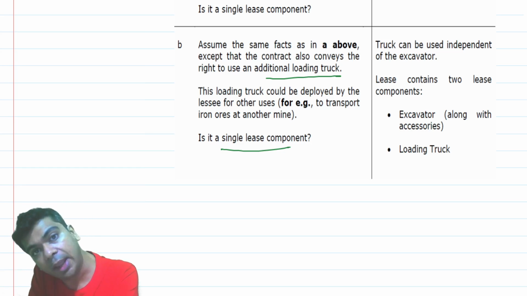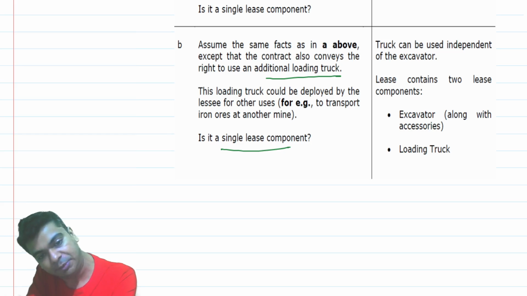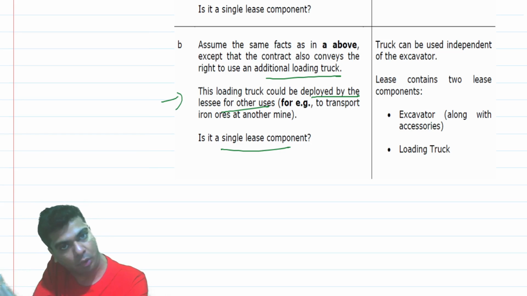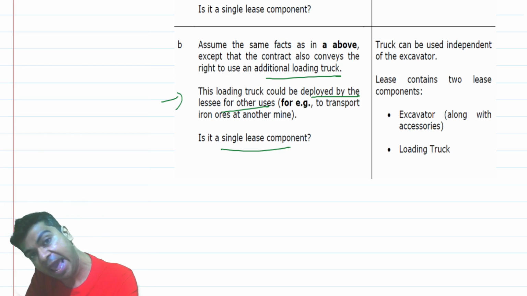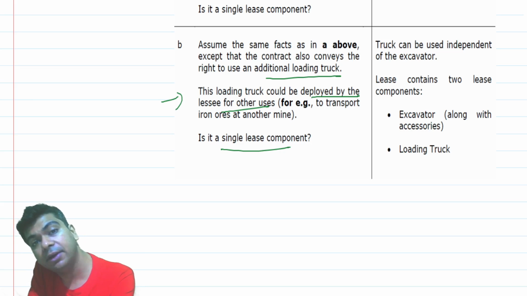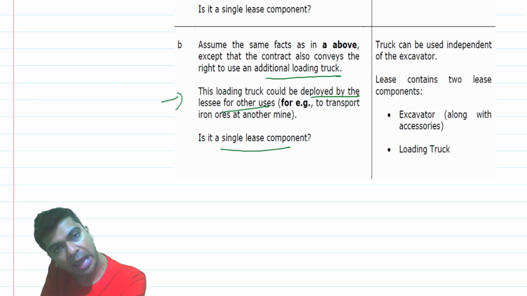Now, truck and the excavator are not interrelated, right? I can use the truck for other purposes. They are themselves saying over here that this loading truck could be deployed by the lessee for other uses. This clearly means that I can use the truck on its own or with resources that are readily available to me, and the truck is not dependent, the truck is not interrelated with other assets. So excavator along with the accessories is one lease component.